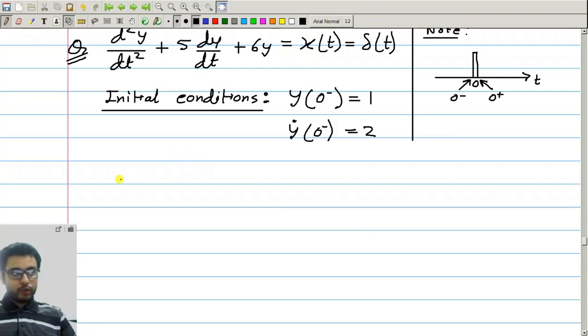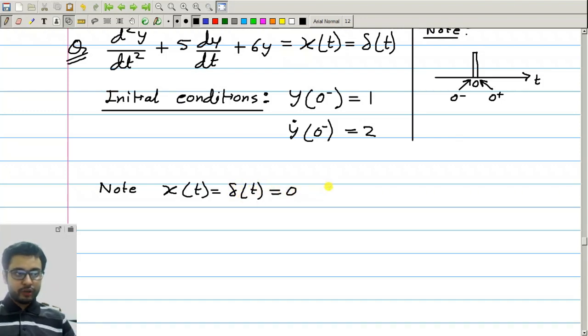Okay. Now also note that the input x or delta t is actually equal to 0 for time greater than or equal to 0 plus.